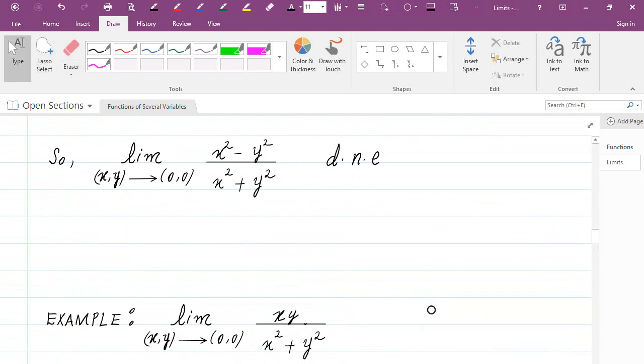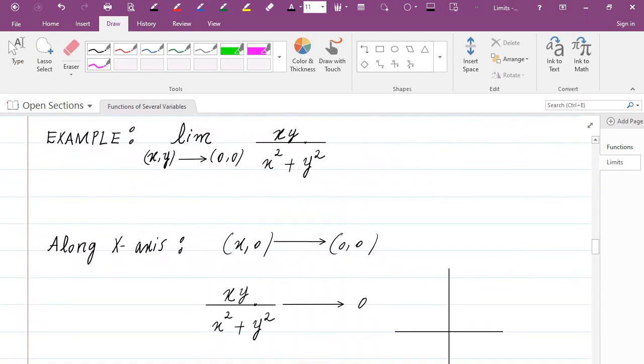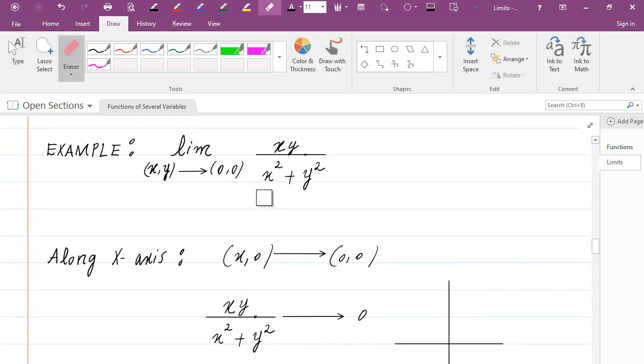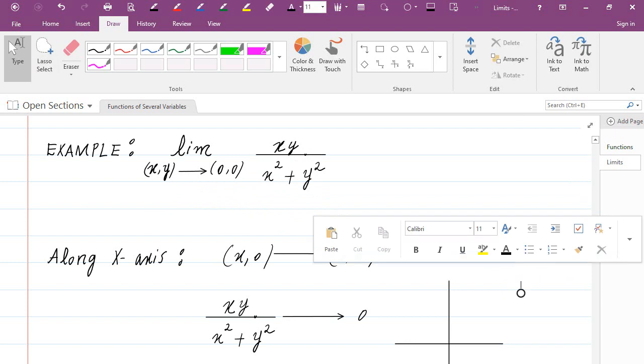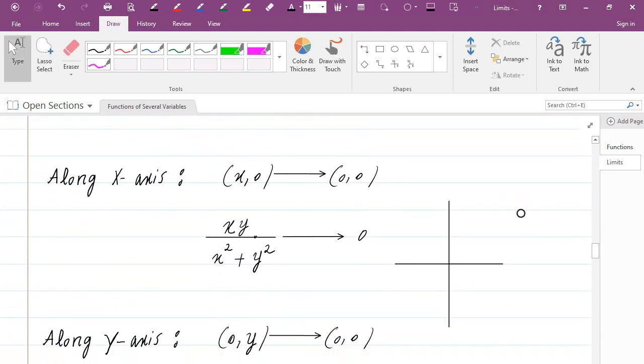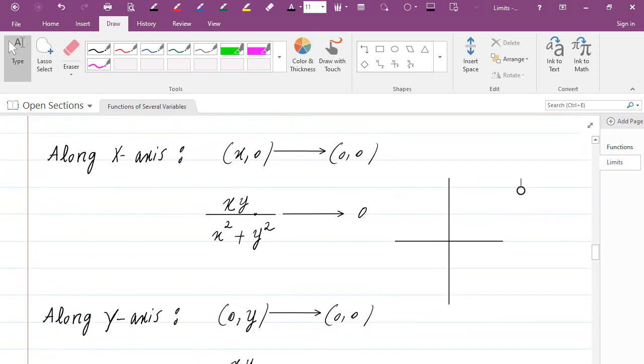Let's look at another example. Here we have the limit of xy divided by (x squared plus y squared) as (x, y) approaches (0, 0). If we take the limit along the x-axis, y is 0, so the function has value 0.